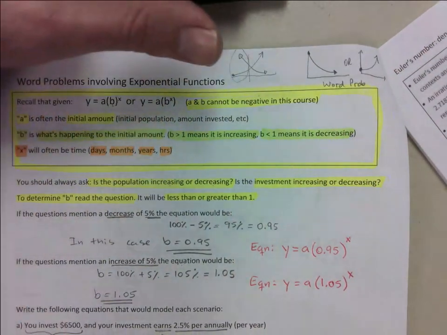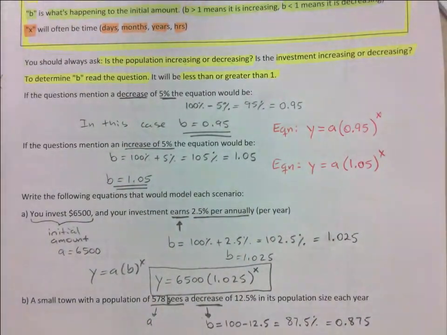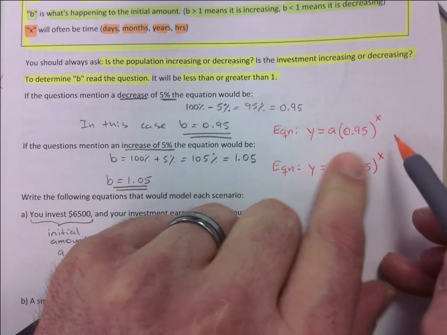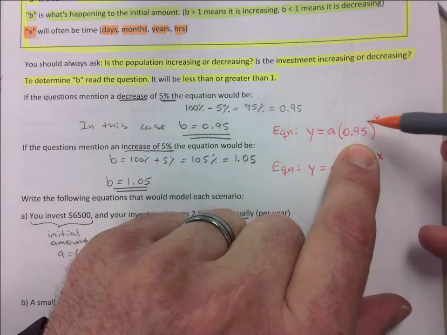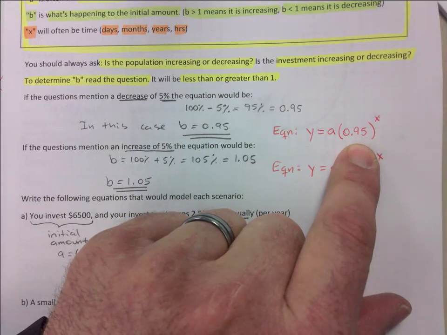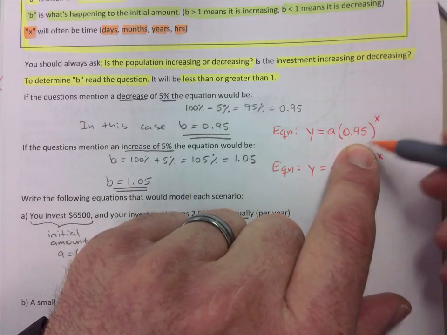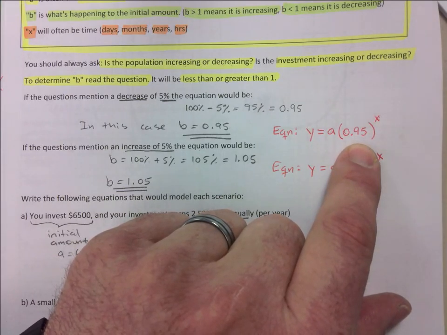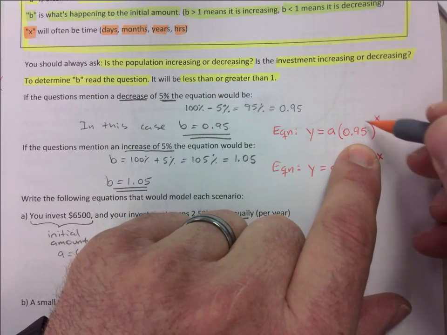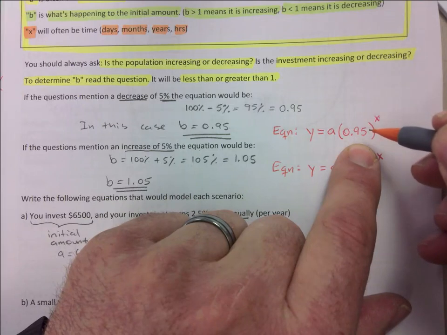So I would expect you, in the near future, if you were to see this, and I'd ask you what's happening to the population in this case, I would want you to respond, it's decreasing, because you clearly identify this as B is less than 1, so it's between 0 and 1, and it is decreasing by 5% every year, right? 0.05. You turn that into a percentage, it's 5%.